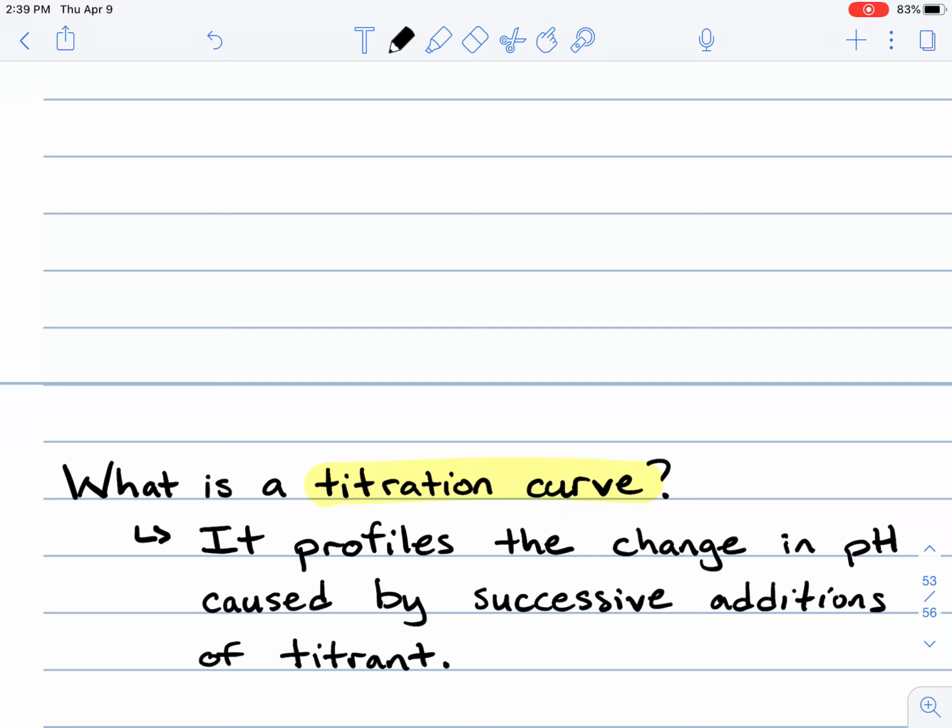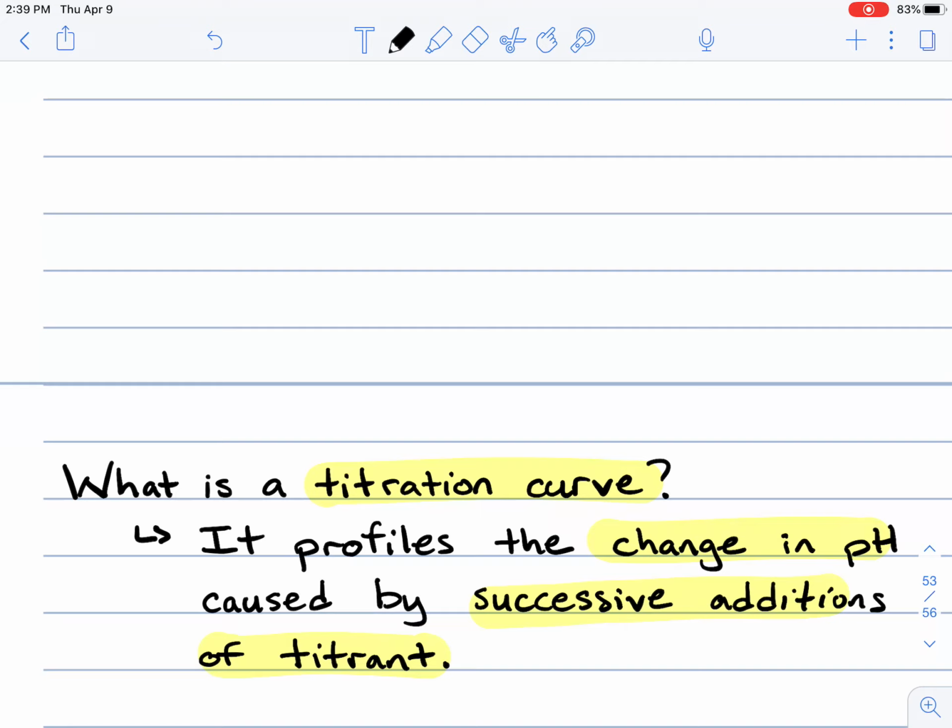A titration curve profiles the change in pH caused by successive additions of the titrant. And so here we're looking at how adding titrant changes the pH of the solution. This is easily done in lab if you have a pH meter that constantly spews out the resulting pH when a specific amount of titrant is added.